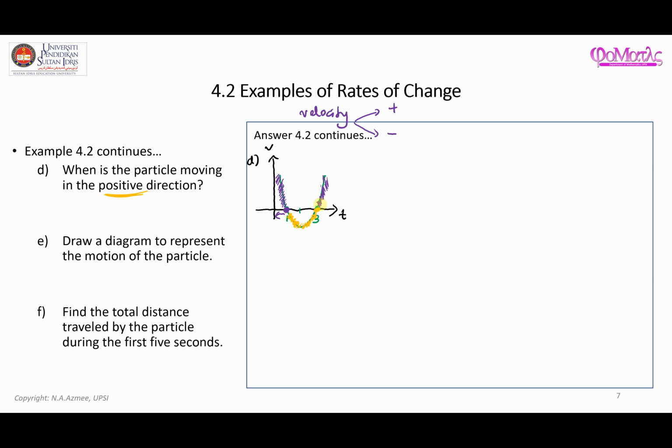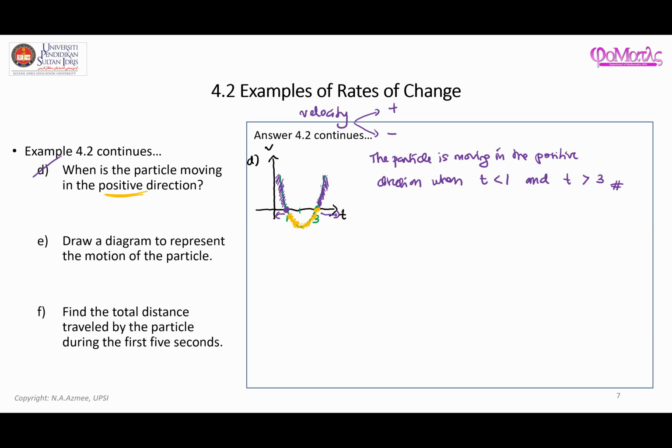So the time associated with this movement is going to be t greater than 3. Okay, so to answer this question, we're going to say that the particle is moving in the positive direction when t is less than 1 and when t is greater than 3. So that's the answer.